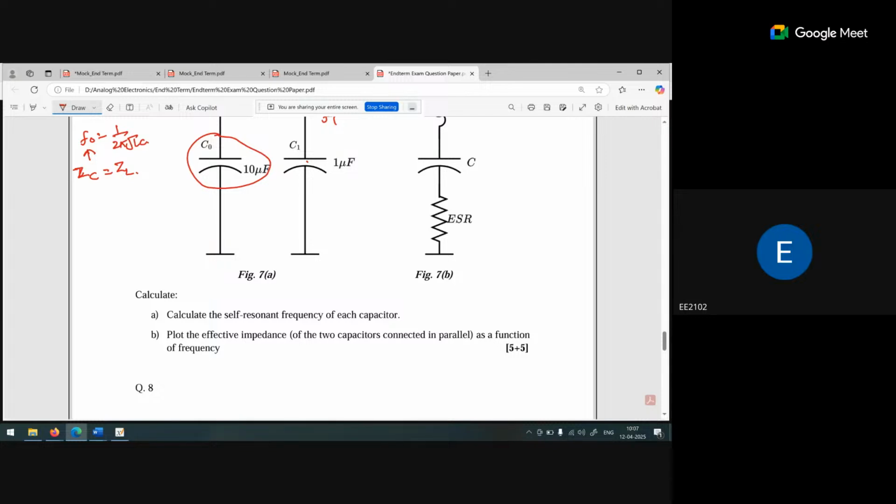Clear? Any doubt in that? No, sir. Okay, so if these two are equal, what is the equivalent? Equivalent is R plus j times XL minus XC.